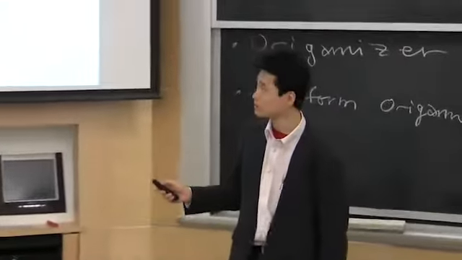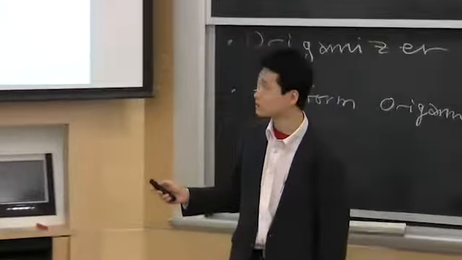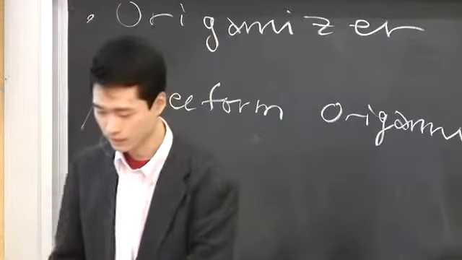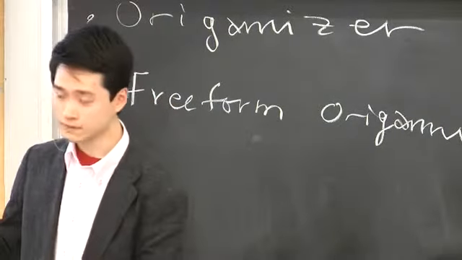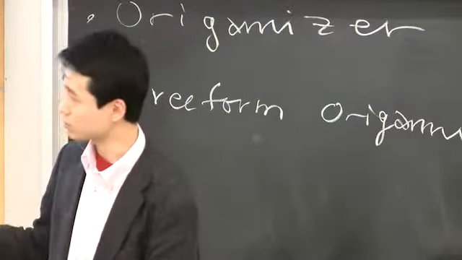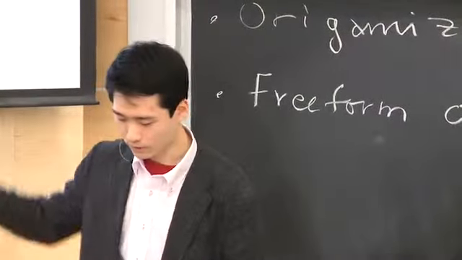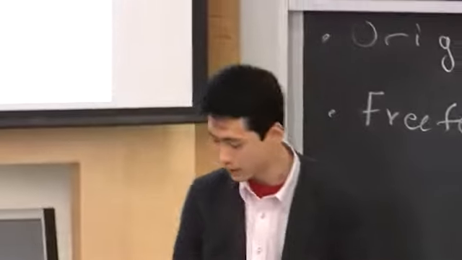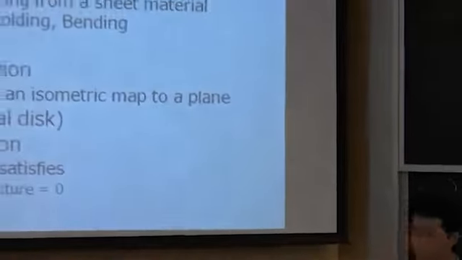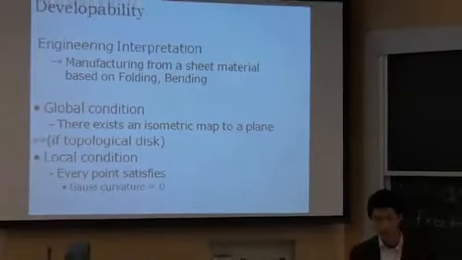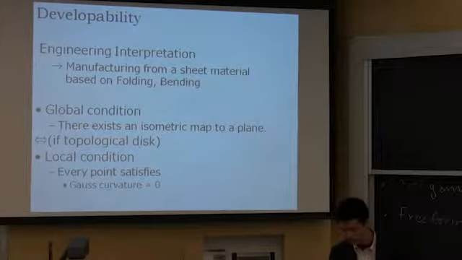The condition is globally represented as there exists some isometric mapping to a plane. But if the surface is a topological disk, it can be represented by a local condition: at every point on the surface, the Gauss curvature is 0.